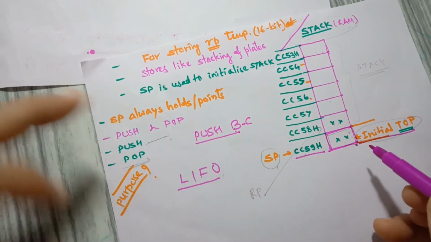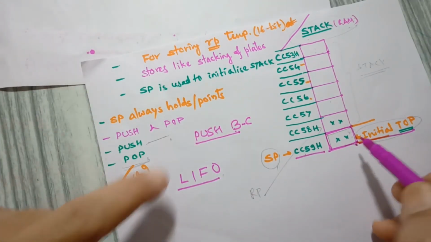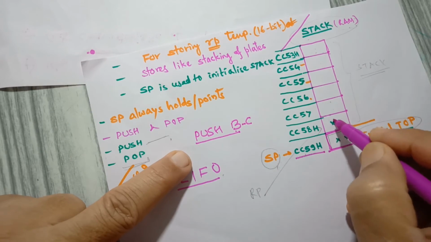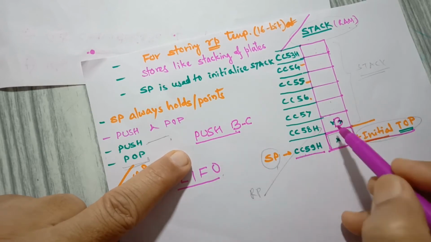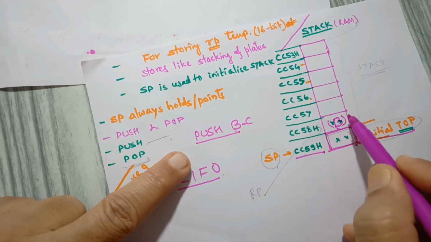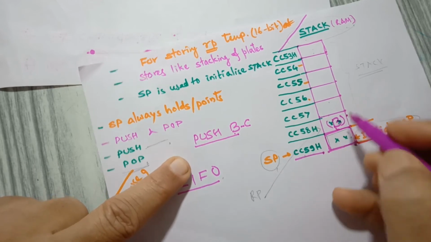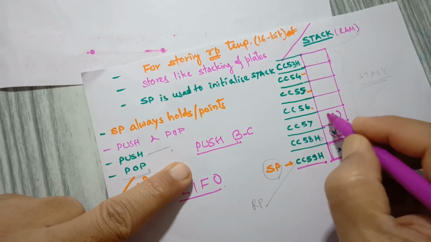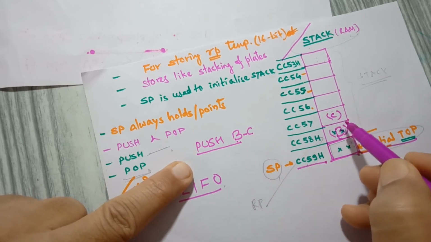And BC are the CPU registers. So first contents of register B are transferred to the stack, and then contents of register C are pushed to the stack.